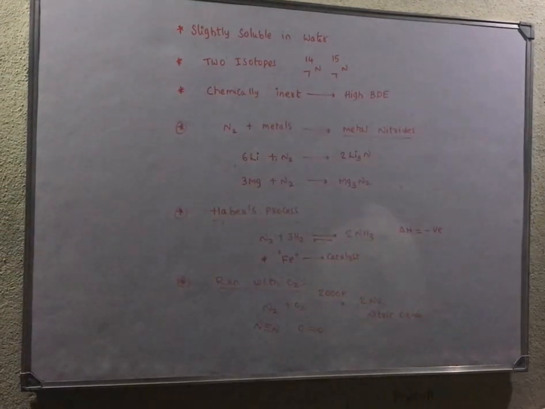Uses. Nitrogen is mainly used in the manufacture of ammonia and industrial chemicals containing nitrogen.